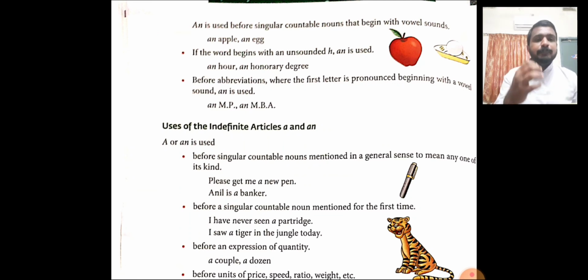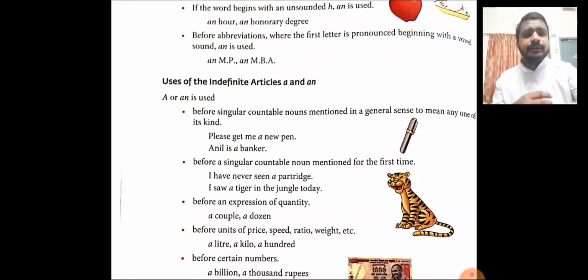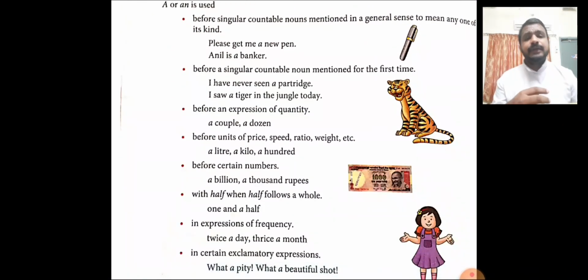And the third one is before an expression of quantity. For example, a couple or a dozen, we can use the article a or an. Then before the units of price, speed, ratio, weight, etc.: a liter, a kilo, a hundred. We never say the liter, or I want the kilo of rice, but we say I want a kilo of rice. Now, before some certain numbers: a billion, a thousand rupees.